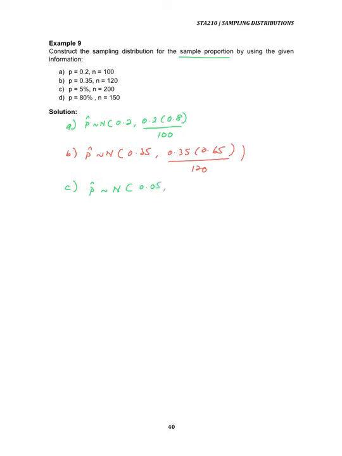Variance dia 0.05 times 1 minus 0.05, 0.95, over 200. Okay, D, p hat has normal distribution with mean equals to p. Mean of population proportion is equals to p. P kita 0.8, and then here is 0.8 times 1 minus 0.8 is 0.2 over 150.